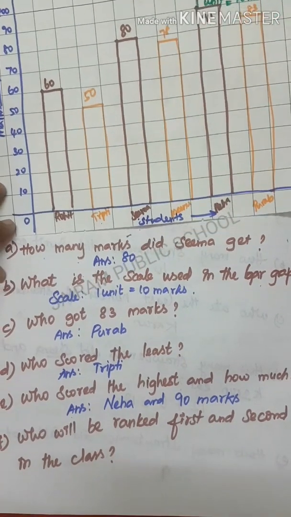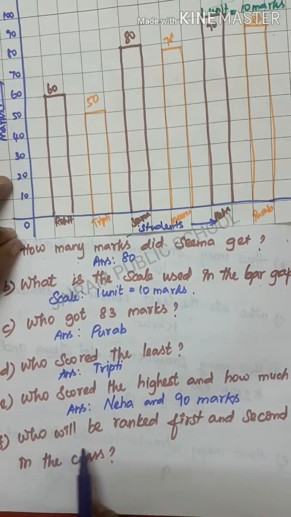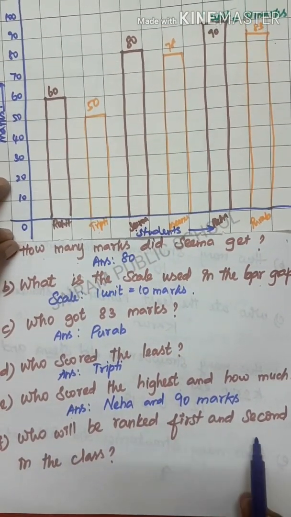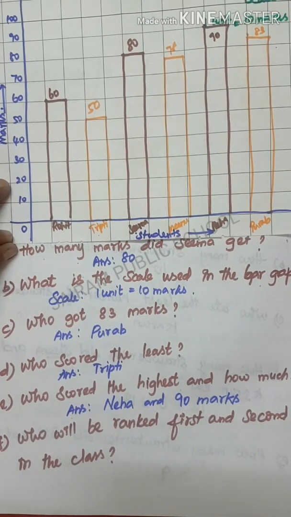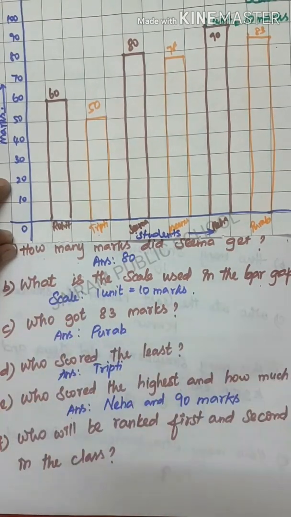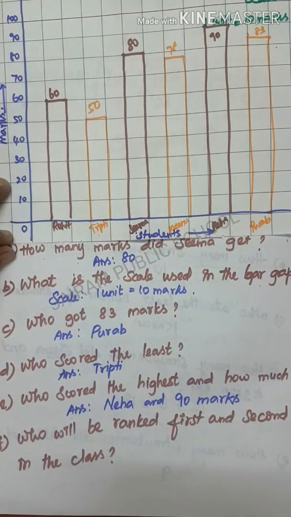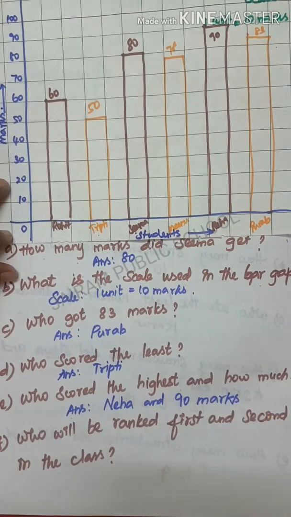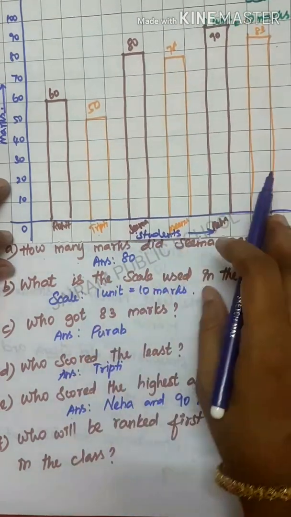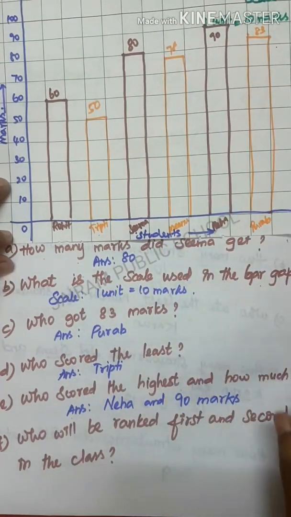Yes. Now, last question. Who will be ranked first and second in the class? So, according to the data, who scored the highest? Just now we answered. That is nothing but Neha. And which one is the second highest score? Yes, this is 80, and this is 83.